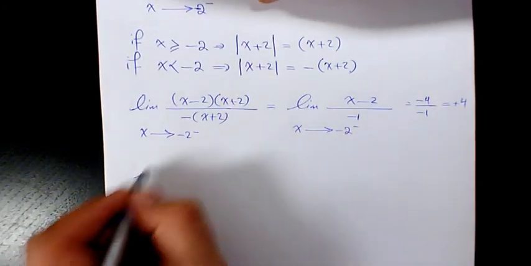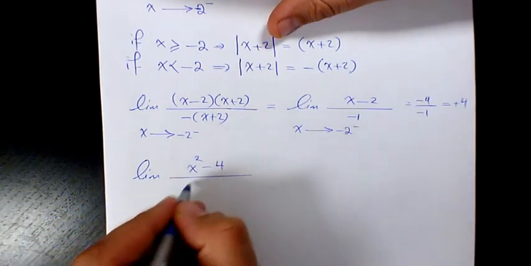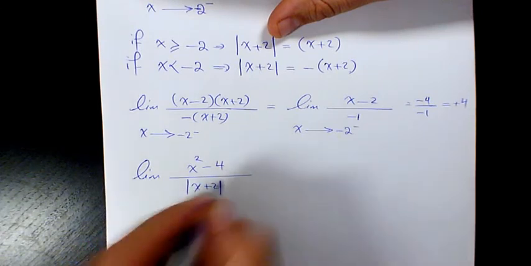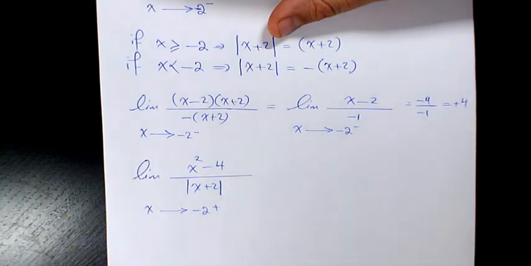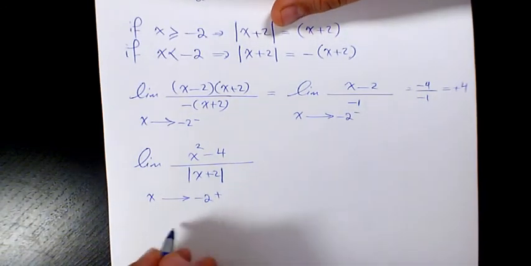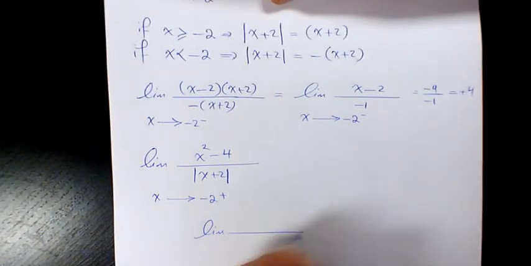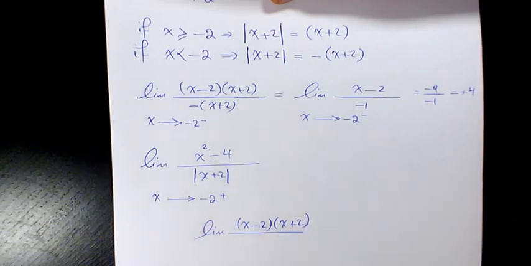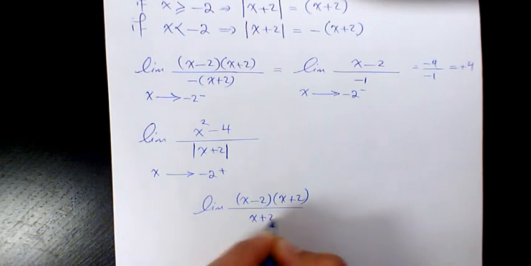And if you want to find out the right limit, you're going to say that that's going to be equal to the limit of x minus 2 times x plus 2 divided by just x plus 2 when x is approaching negative 2 plus.